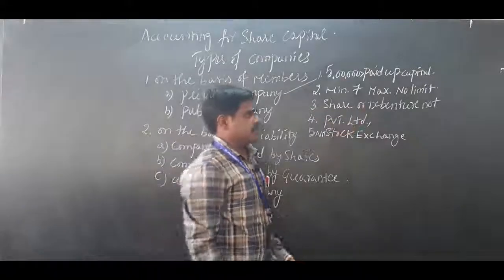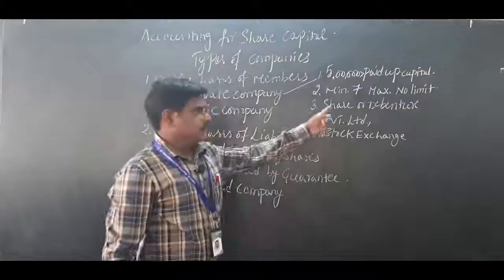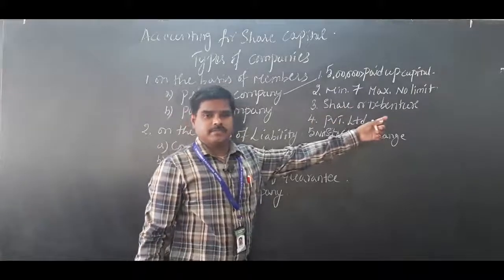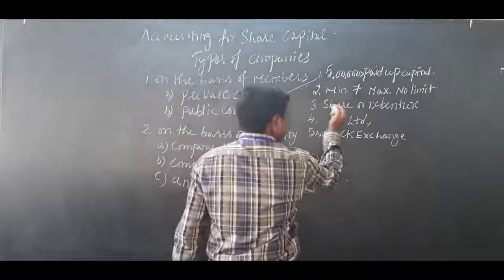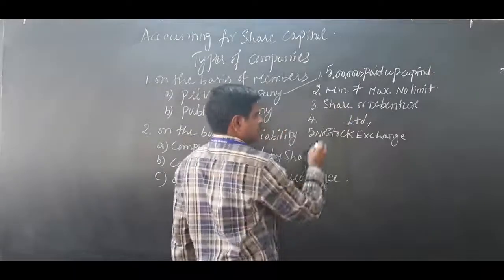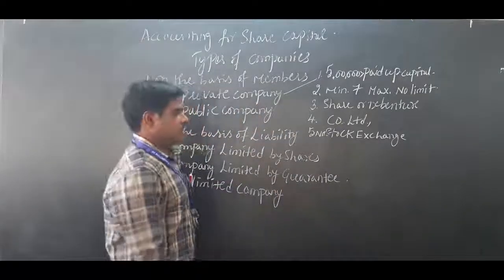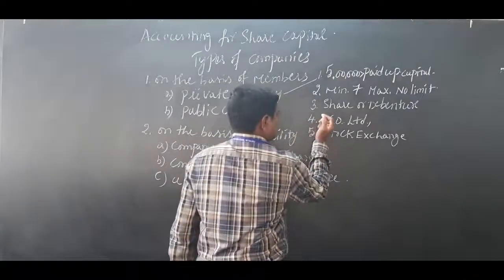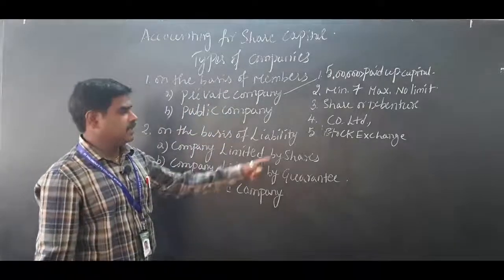Shares or debentures of the company can be subscribed to the public, and the name must end with the word limited, or company limited. These types of shares are dealt in the stock exchange. Public company shares can be transferred.